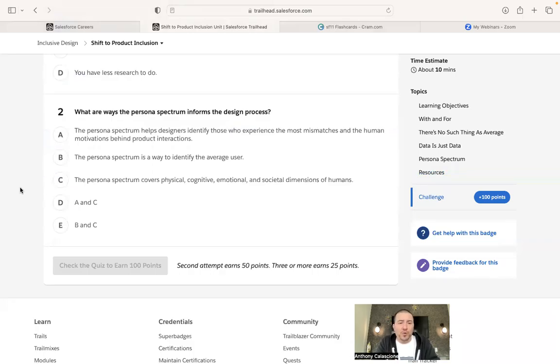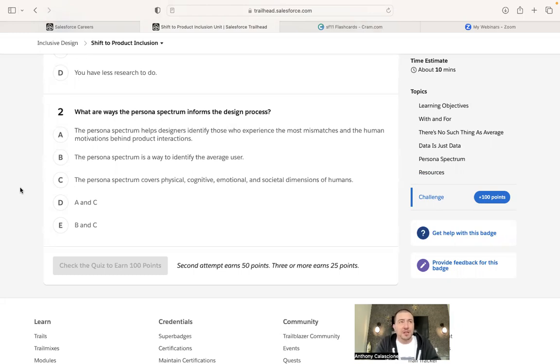2, what are ways the persona spectrum informs the design process? The persona spectrum helps designers identify those who experience the most mismatches in the human motivations behind product interactions. I want to read the question again because I already lost it in that sentence. What are ways the persona spectrum helps inform the design process?